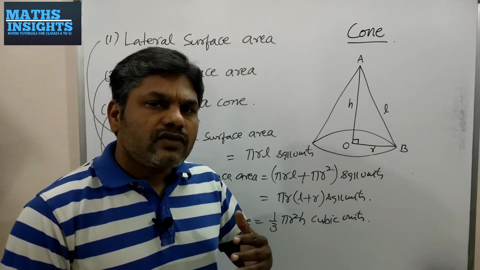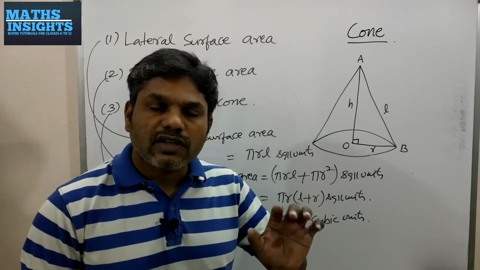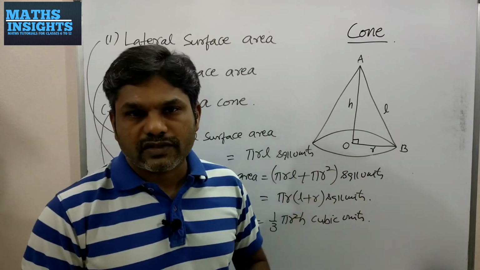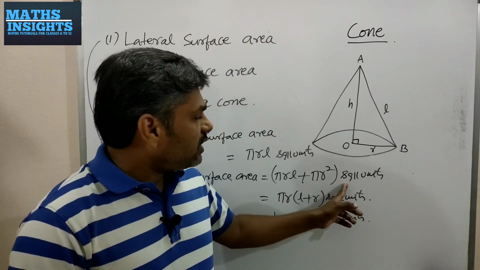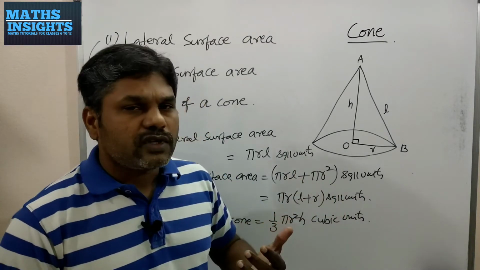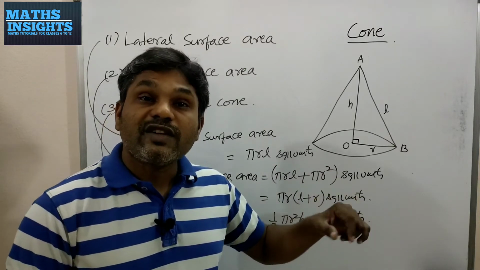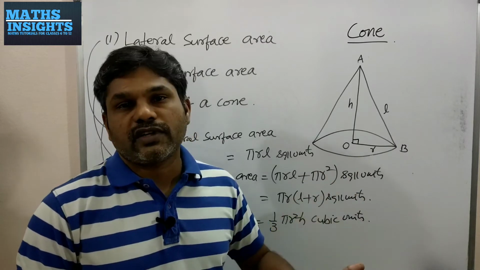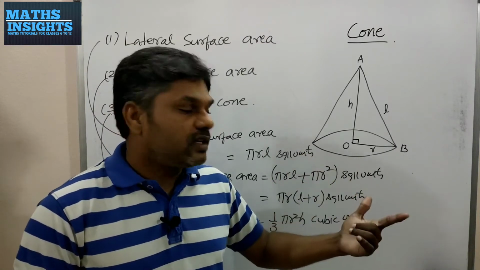That means if the dimensions are measured in centimeters, it will become square centimeters. If the dimensions are measured in meters, then the area, total area or lateral area, whatever it may be, when the term area comes, you have to write square units, square centimeters or square meters.